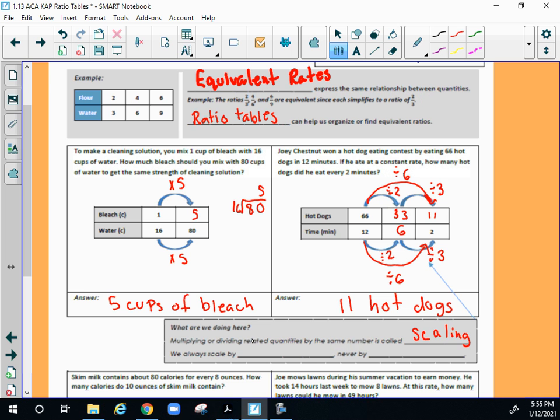Whenever we're using our scale factor, we have to multiply, but you can also use division. It just wouldn't be called a scale factor. So multiplication and division are what we use to scale. We never use addition or subtraction.